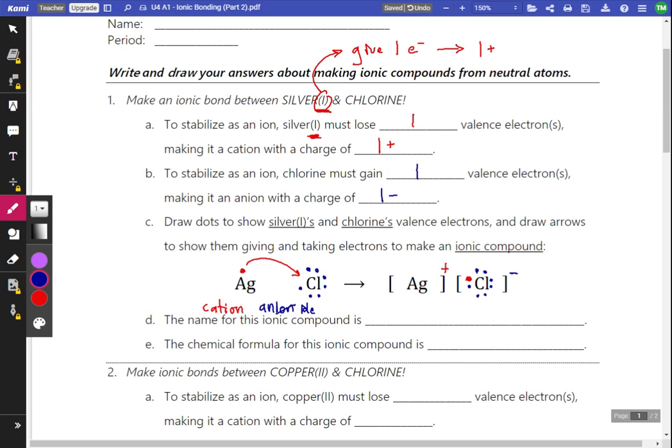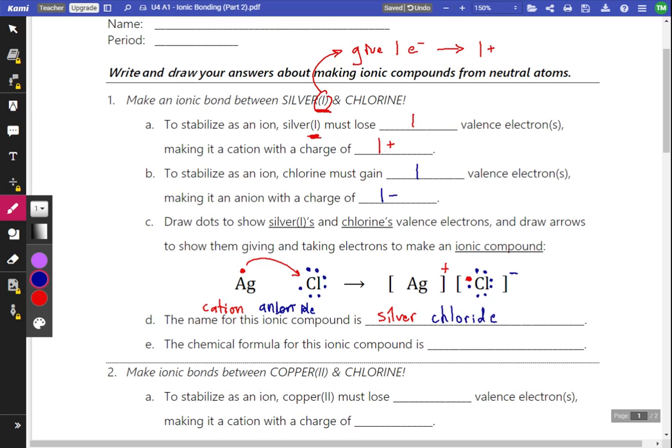You might expect this to look something like silver chloride, which makes sense, and it is mostly right. Okay?